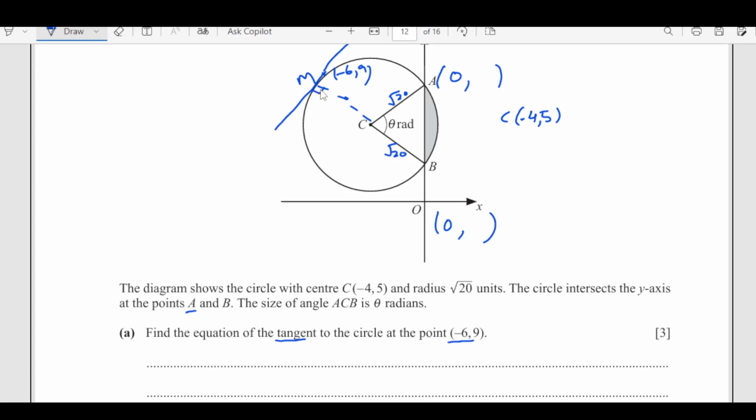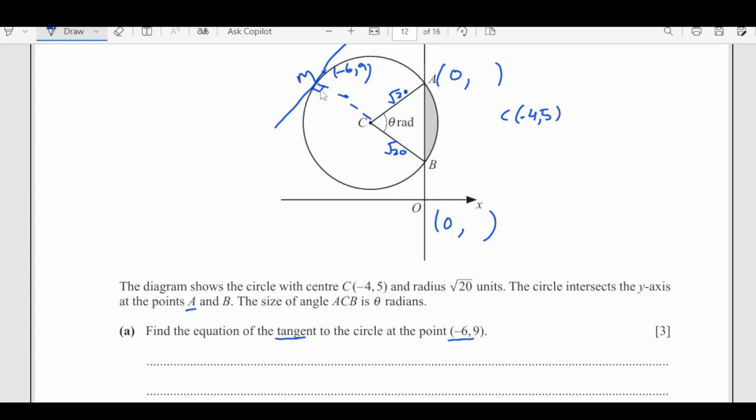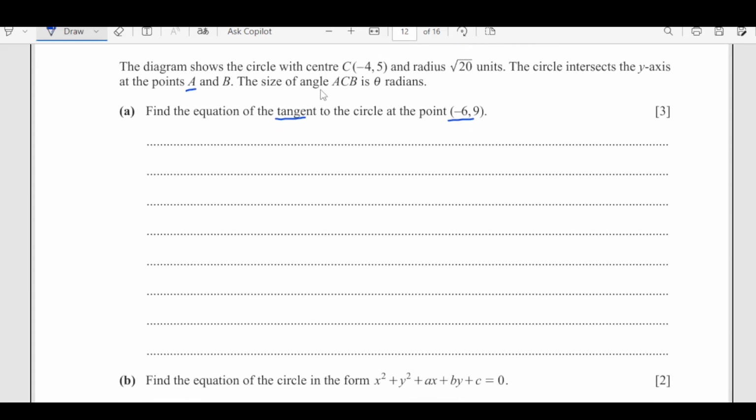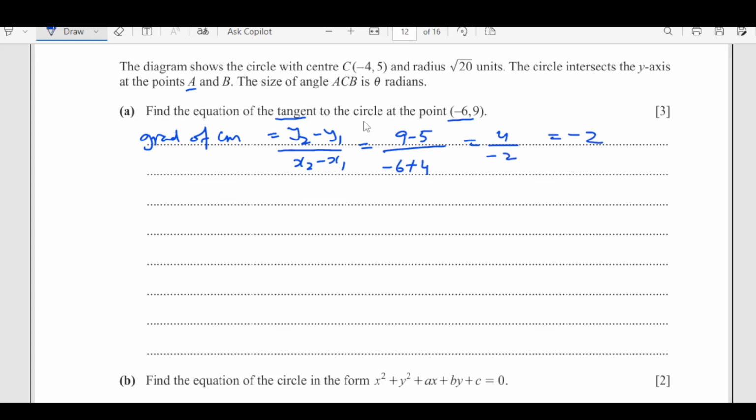So if we know the gradient of CM, then we can find out the gradient of the perpendicular line. So let's first find out the gradient of CM. Gradient of CM is going to be y2 minus y1 over x2 minus x1. I'm just going to take the coordinates: we have 9 minus 5 over minus 6 plus 4, 4 over minus 2, so minus 2, right?